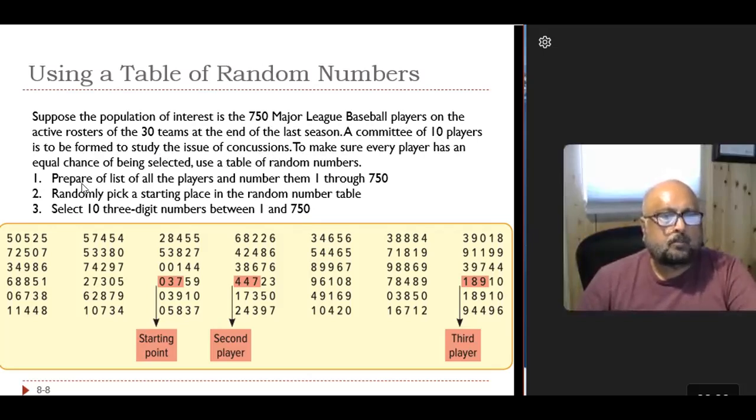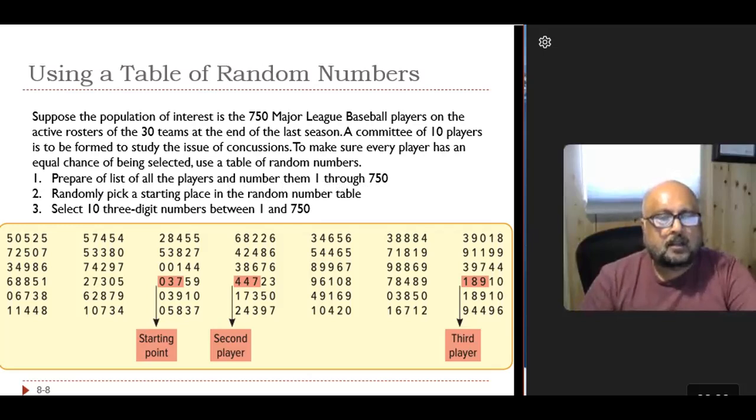So okay, number one, we prepare a list of all the players and number them from 1 to 750, because we have a total of 750 players. So we start from 1 and we label them 1 through 750. Now, the second step is we need to randomly pick a starting place.